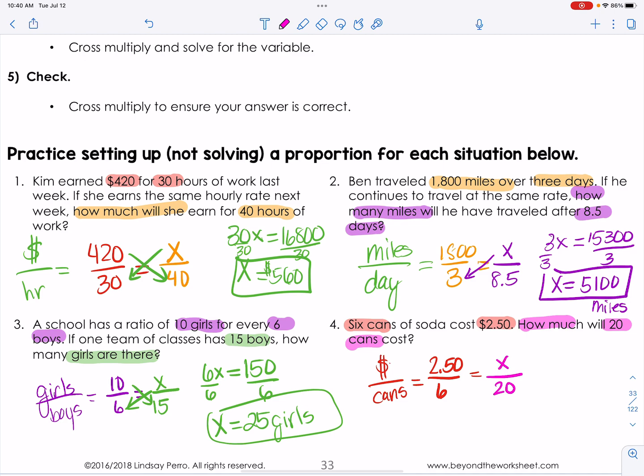How much will they cost? So now I cross multiply. 6x equals 250 times 20, which is 5,000. So I undo multiplying by 6 by dividing by 6. And I get $8.33. That's how much it's going to cost to buy 20 cans of soda.